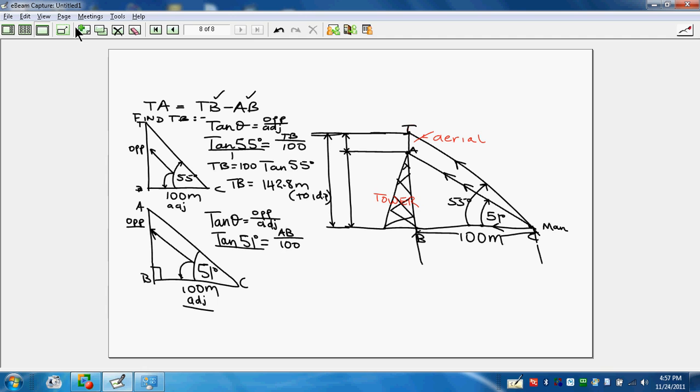So if we put tan 51 over 1 and cross multiply, AB by 1 will give us AB, and that will be equal to 100 by tan 51. And 100 multiplied by tan 51 will give us 123.5 meters. And that will be correct. 123.5 meters, that'll be to 1 decimal place.